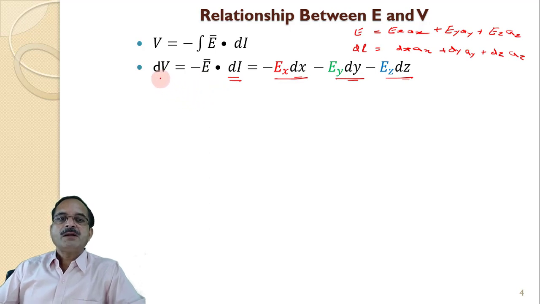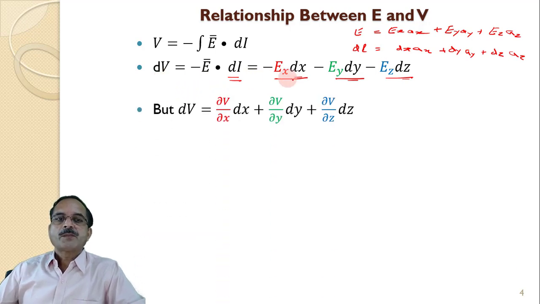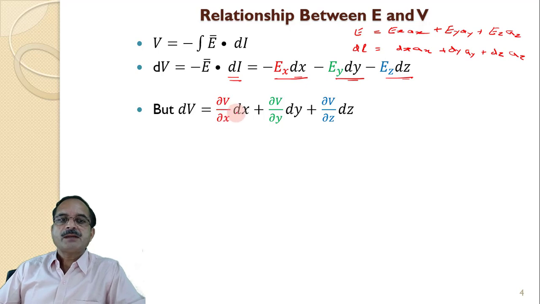Or in other words, this is the X component of dV, Y component of dV, and Z component of dV. Now dV we can write as dV by dx into dx plus dV by dy into dy plus dV by dz into dz.